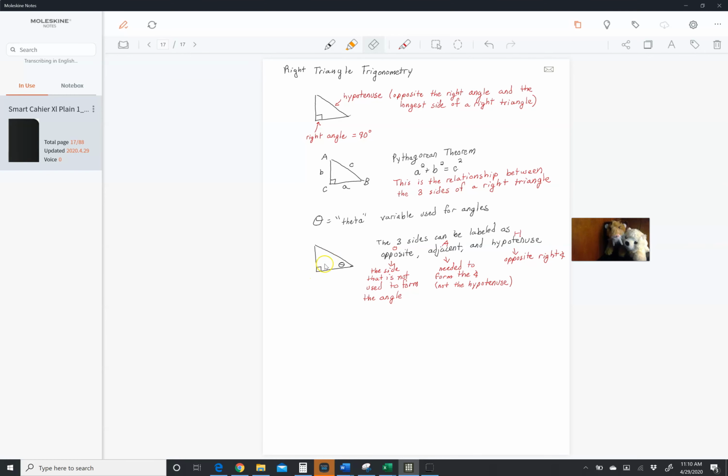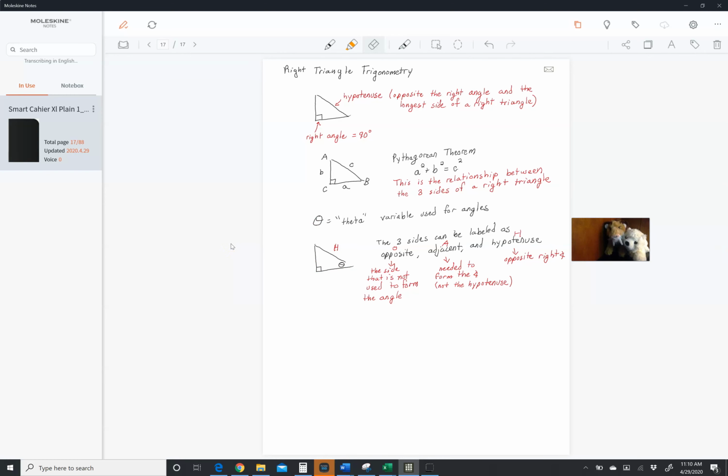So if we were to draw some sort of line that goes from this corner of the triangle across, this would be the hypotenuse. Again, if we were to take out this line, we still have the right angle, and that's how we know that this is the hypotenuse.